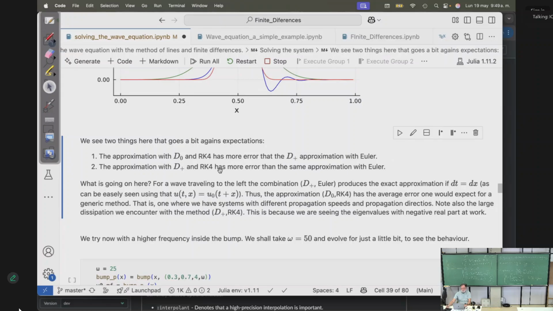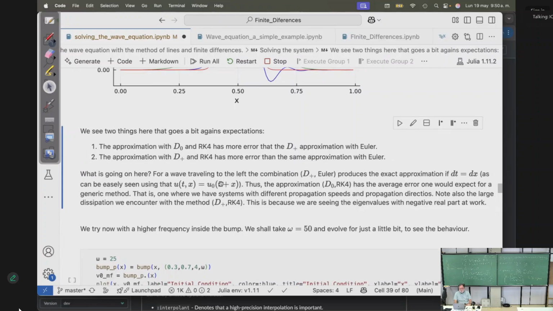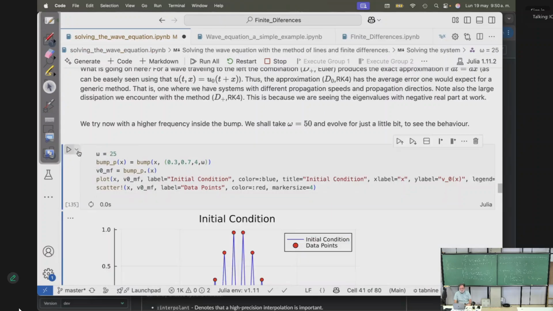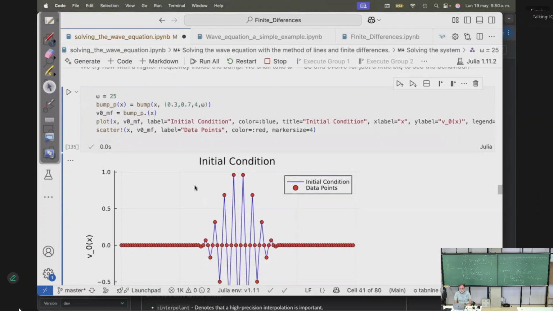We have more error in the d naught than d plus, but because this algorithm was exact, and the d plus has more error in this case than the d naught, because in Runge-Kutta we just are not solving the exact system, and we see this. So now we will put some high frequency in the solution.